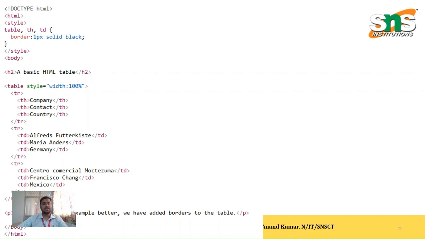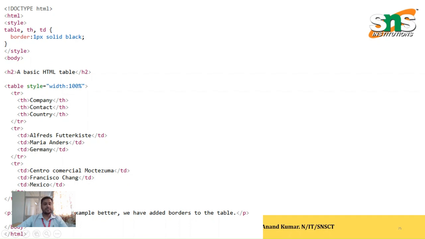Because the header is always displayed in bold terms, and the table data, that is Alfreds Futterkiste and Maria Anders and Germany, are set as the table data. The next table row's data will be Centro Commercial Moctezuma, Francisco Chang, and Mexico. So these three rows will be displayed.